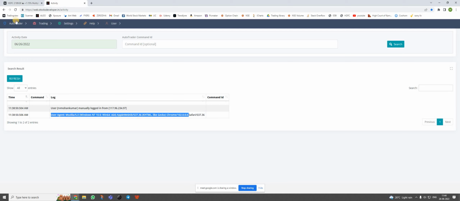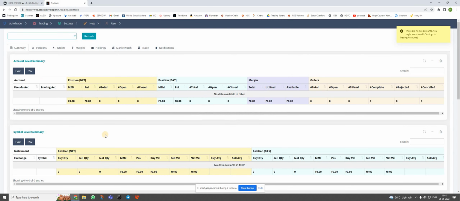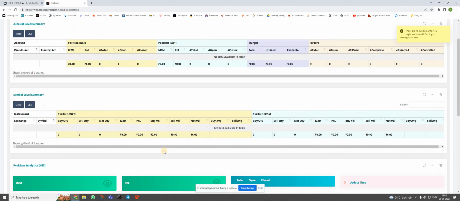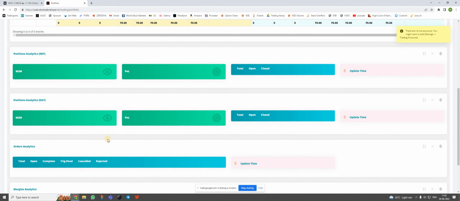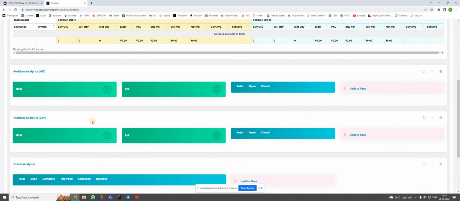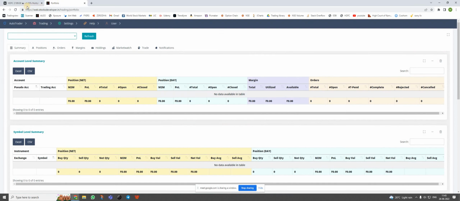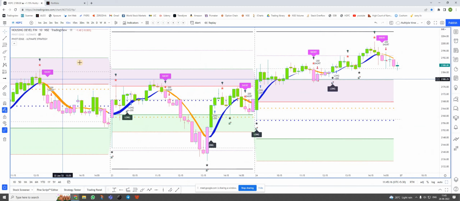And in the portfolio it will show your current position, your current value, the amount you have, the amount put into trades, profit and loss, everything it will show here. Order analysis will show the open orders, everything. So that will be working in sync with this particular algo setup from TradingView.